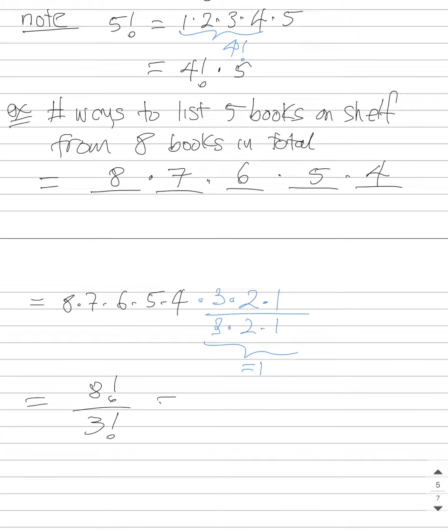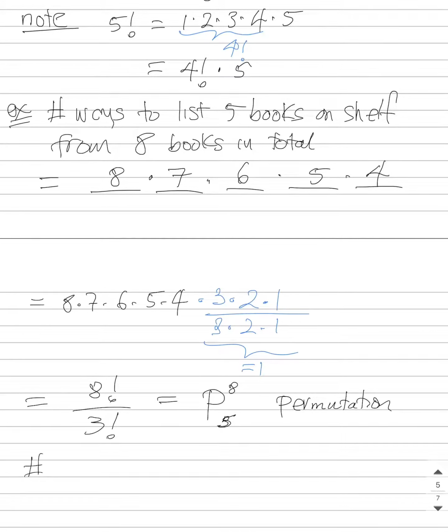What mathematicians then do is define this to be a weird new idea. They'll say capital P, not for probability this time, but for something that's going to be called a permutation. And they will put an 8 up top, a 5 down bottom. And what does this mean? This is called a permutation.